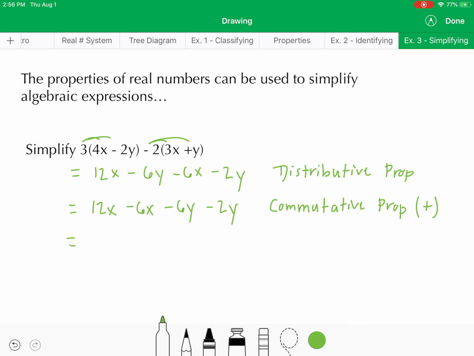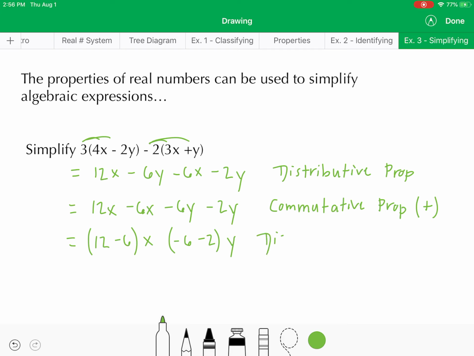Now I'm going to take 12x minus 6x and I'm going to treat that as 12 minus 6 times x, and then negative 6y minus 2y, I'm going to treat that as negative 6 minus 2 times y.